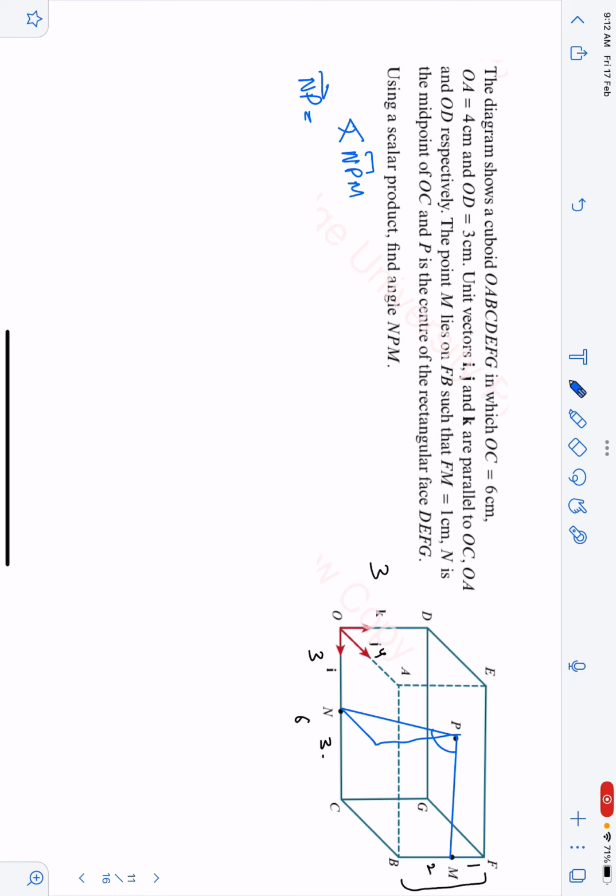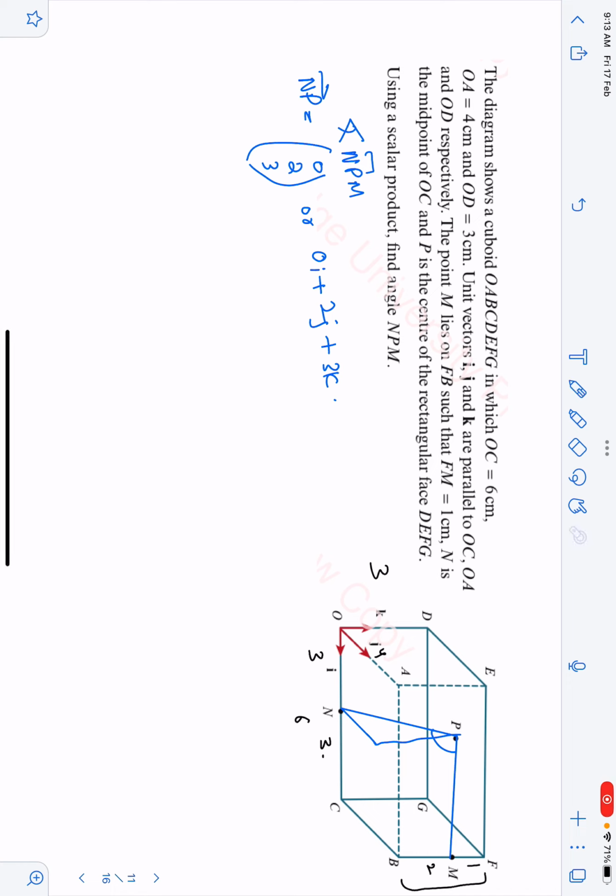So I will have to go 2j because the whole of this is 4j, so half of it is 2j. 2j plus 3k because the whole of this is 3. So I'm going to take it to be 0, 2 and 3, or you can say 0i plus 2j plus 3k.